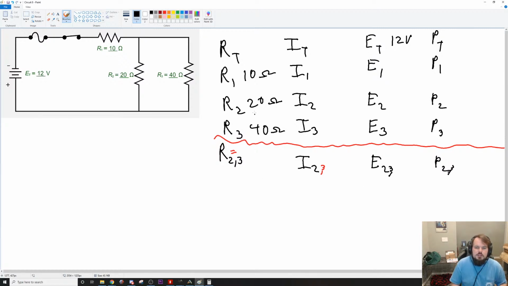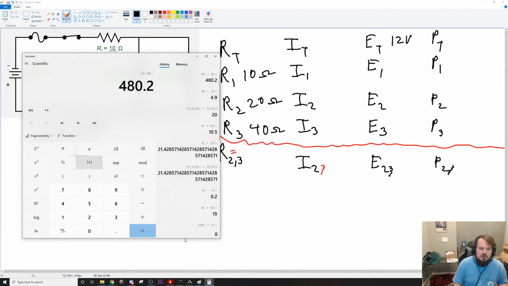Alright, so combining 20 and 40, again that's using the reciprocal method. That's it right there. I'm trying to write it down because that's what trips a lot of people up.